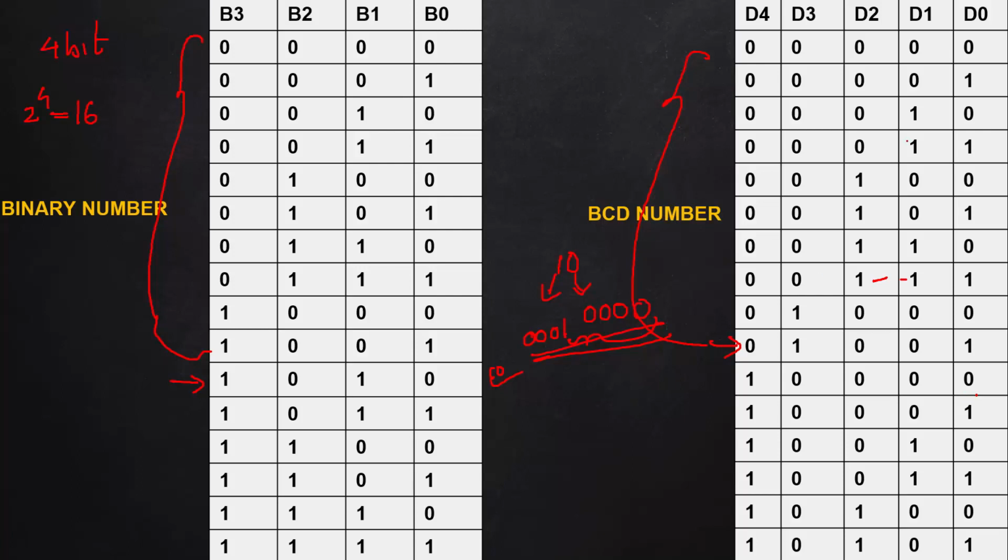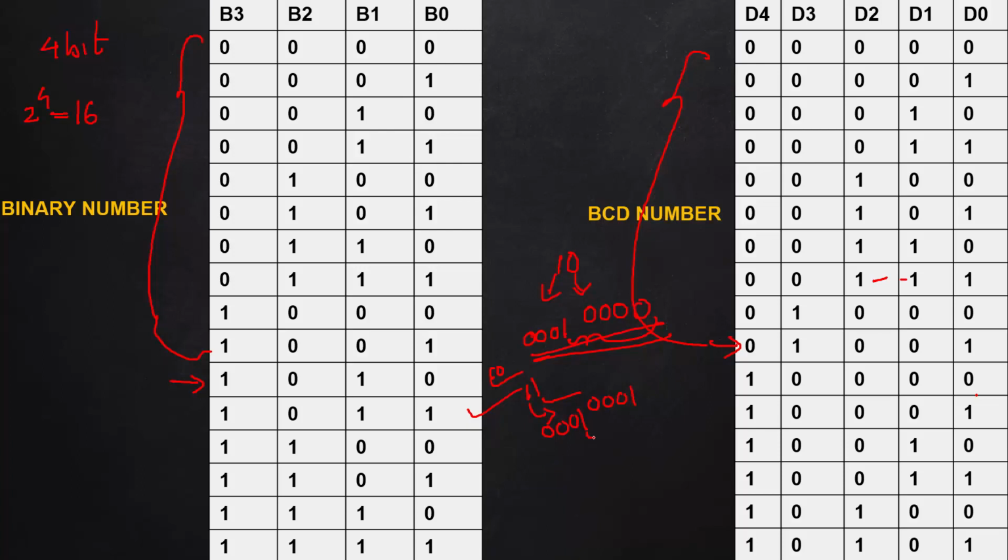And again, consider decimal 11. For the 11, the binary equivalent is 1011. But its BCD is obtained by taking the BCD of each and every symbol present in this 11. So first this 1, that is 0001, and for the next one, this is 0001. This is actually the BCD of decimal 11.